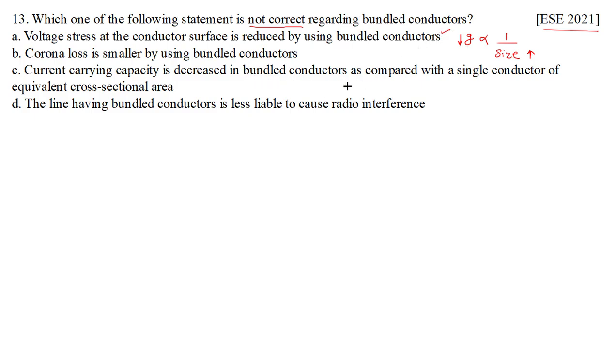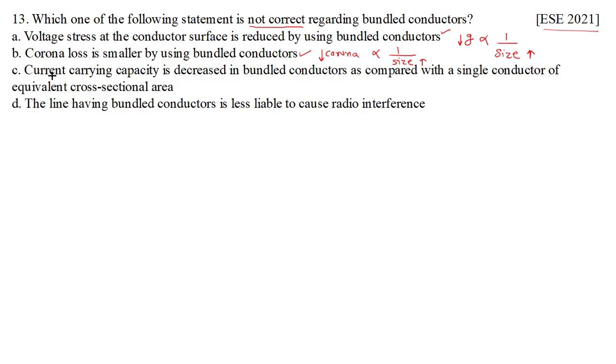This is actually the important advantage of bundled conductor. Next, corona loss is smaller by using bundled conductor, that is also correct. Corona loss is inversely proportional to size, so more is the size, smaller will be the corona loss, because potential gradient or stress is reduced.